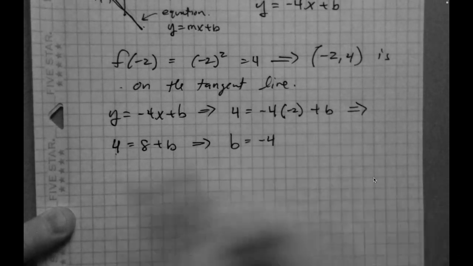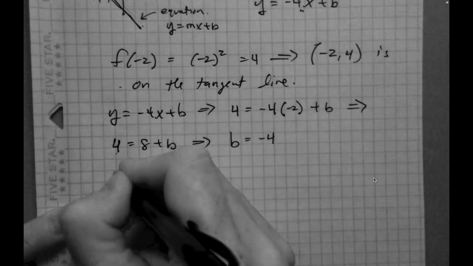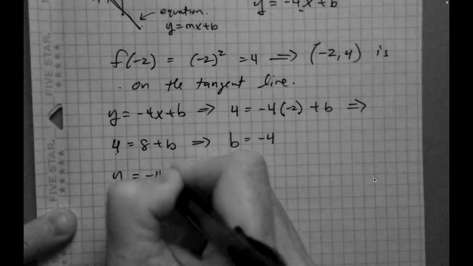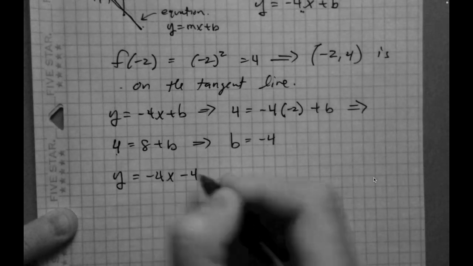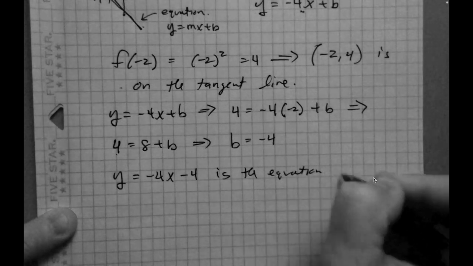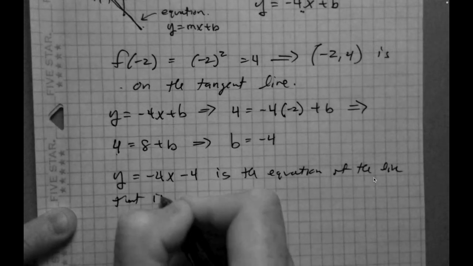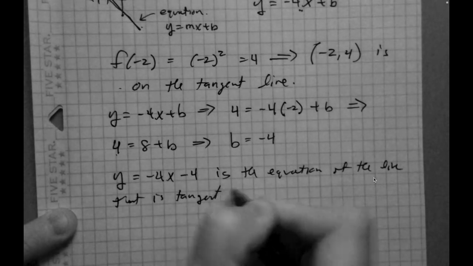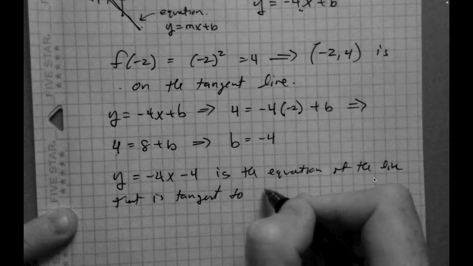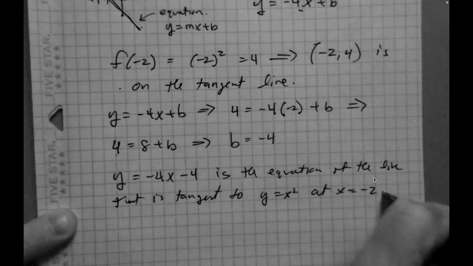All right, and so all of that information together with the slope means that y equals -4x minus 4 is the equation of the line that is tangent to y equals x squared at x equals -2.